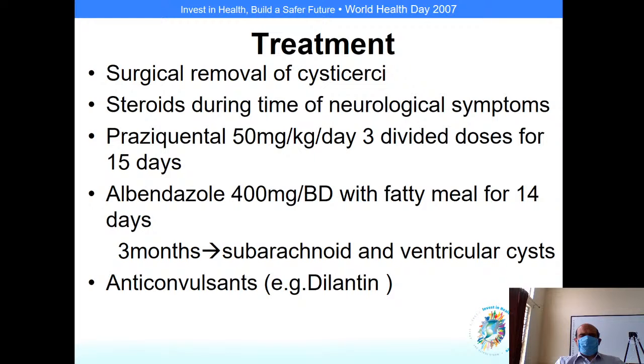Albendazole 400 mg BD with a fatty meal for 14 days, up to 3 months for subarachnoid and vascular cysts, and anticonvulsants can be taken.